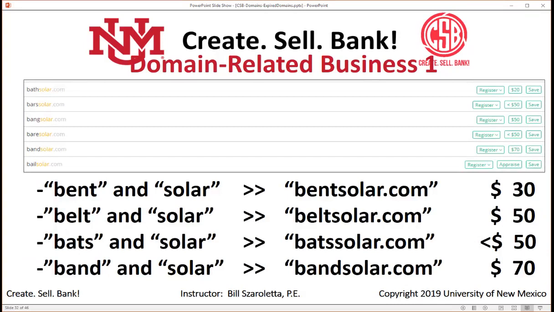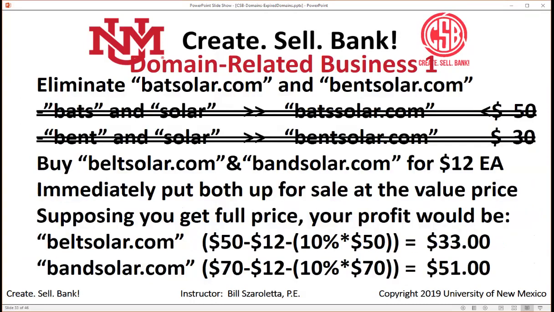So, you've got these, you can look, and now Band Solar is $70, and that's got those 2 keywords put together. So you could make on Belt Solar, if you sold it at the valuation price, you sell it for $50, you bought it for $12, and then you also have to pay 10%.